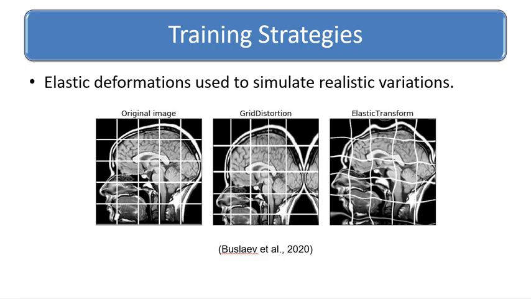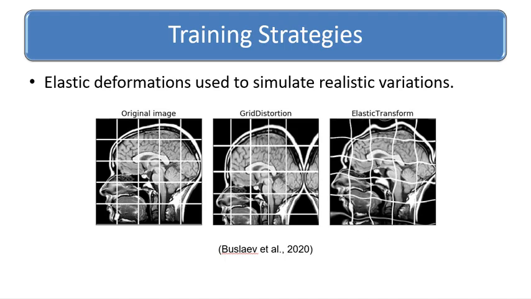Beyond the standard augmentations, elastic deformations are especially powerful in medical imaging too. They simulate more realistic anatomical variability, such as changes in tissue structure due to pathology or motion artifacts. Here we see an original image followed by a grid distortion and an elastic transformation.